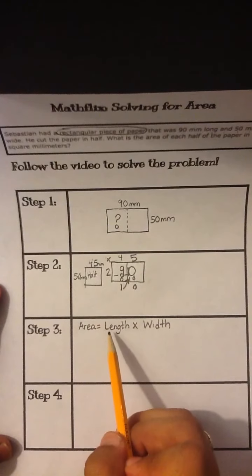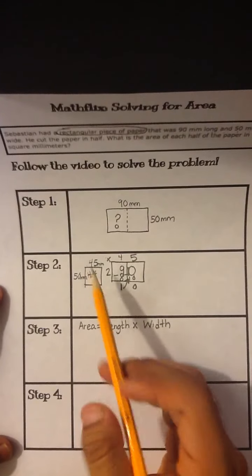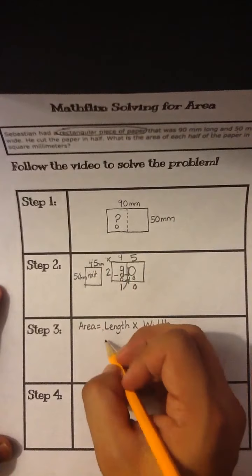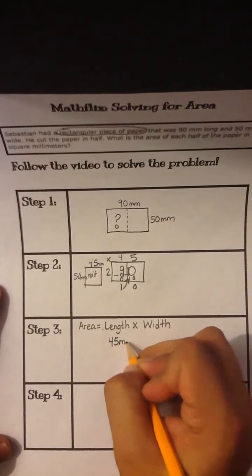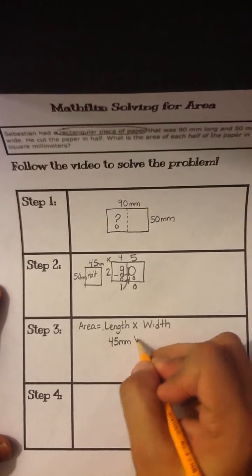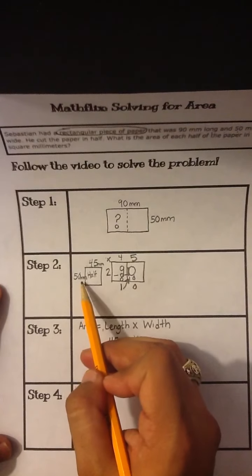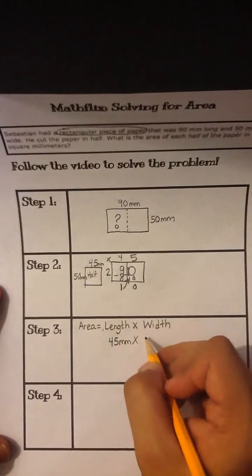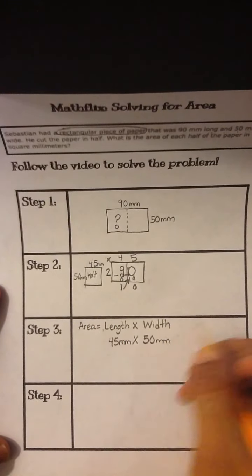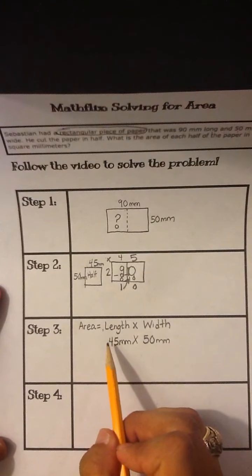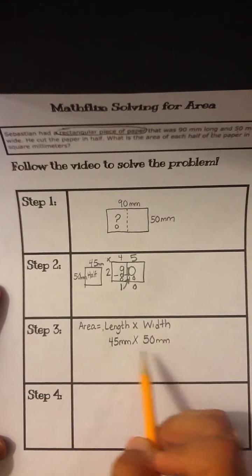We know that our length is 45, so I'm going to plug that in. 45 millimeters, mm, times the width. Our width remained the same, 50 millimeters. So all I have to do now is multiply 45 times 50.